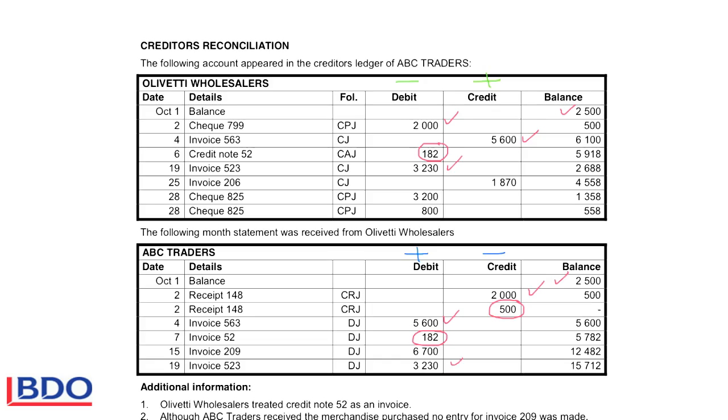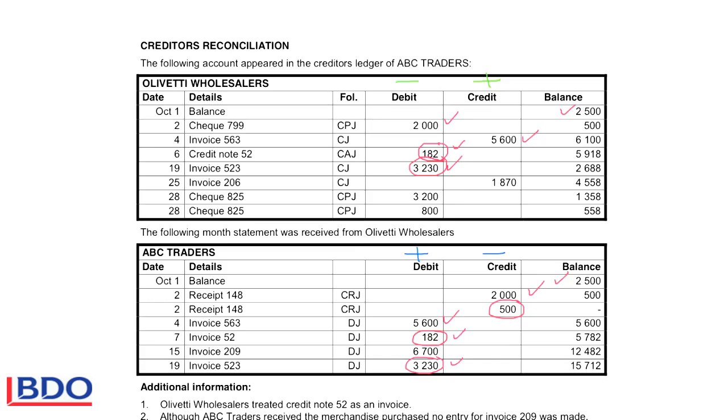So it's the same entry, but there's a mistake because we've put the 3230 both times on the same side. So with the 182, both accounts have the 182, but they're on the same side. So that means there's a mistake. Both accounts have the 3230, so that means there's also a mistake.